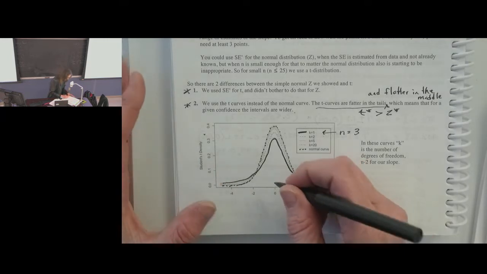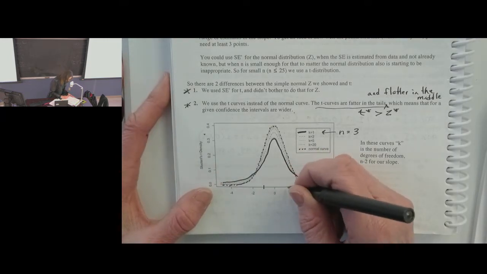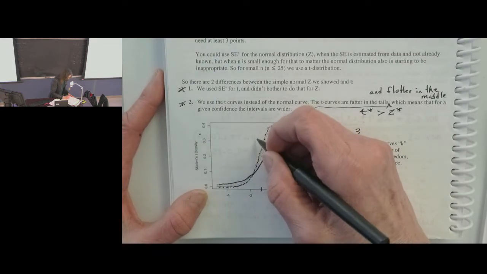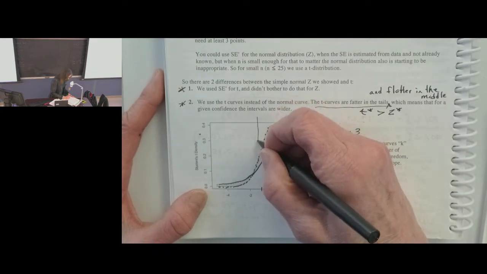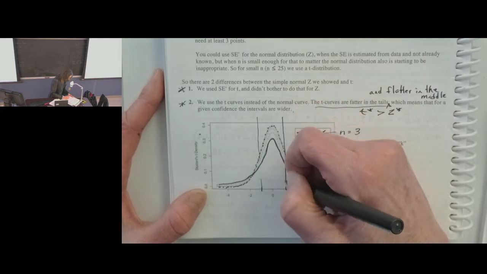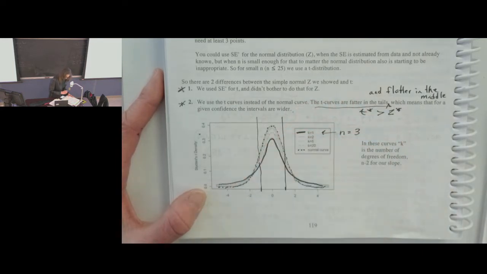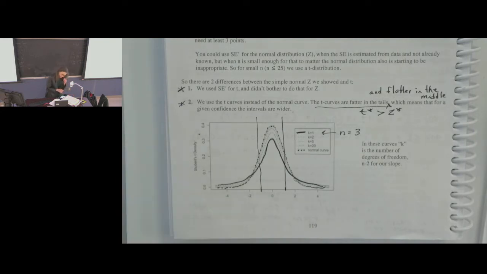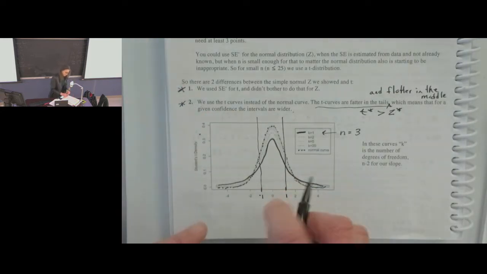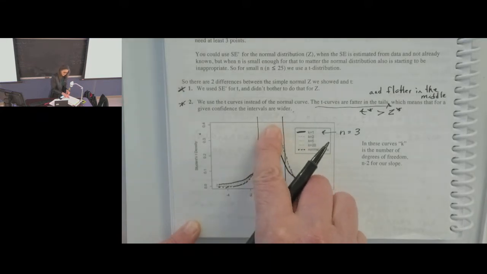So for example, let's do between 1 and negative 1. On the normal curve, if we go up here, between negative 1 and 1, that would be going all the way up here.